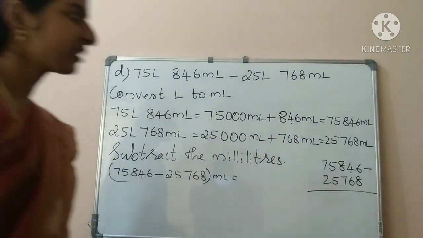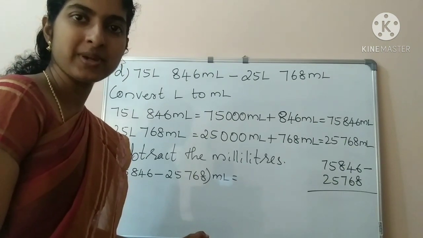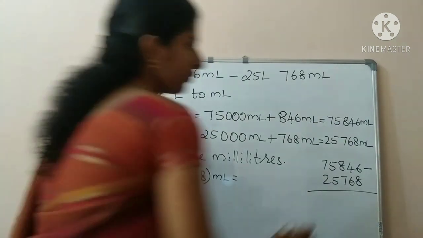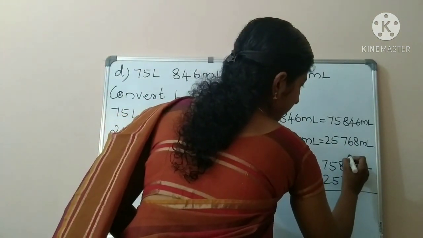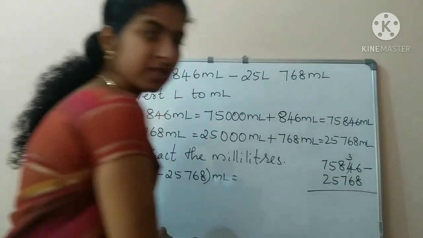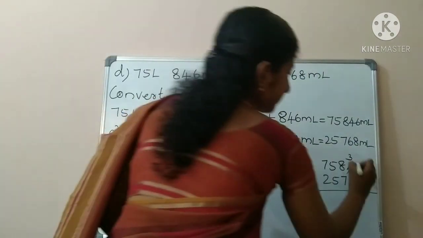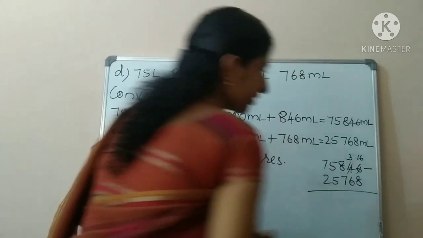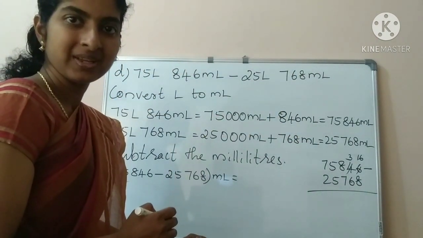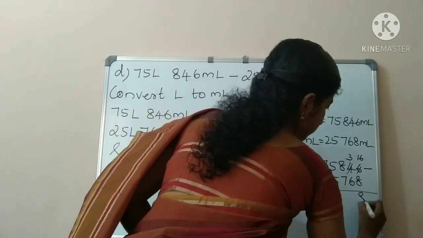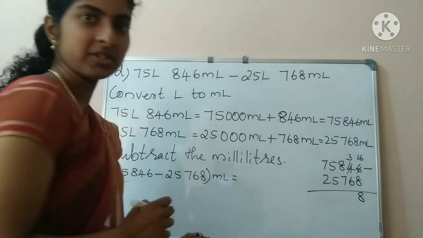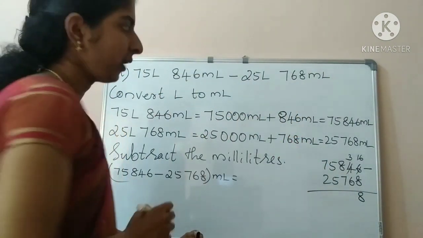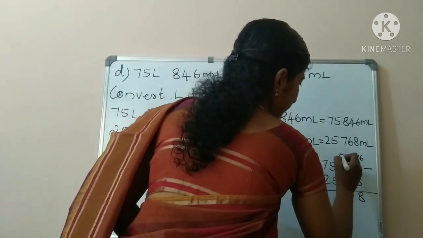Here, 6 minus 8, is it possible to subtract? No. So, we take 1 from left side. After taking 1, the left side becomes 3 and right side becomes 16. 16 minus 8? Yes, 8. 3 minus 6, is it possible? No. Again, we take 1 from left side.